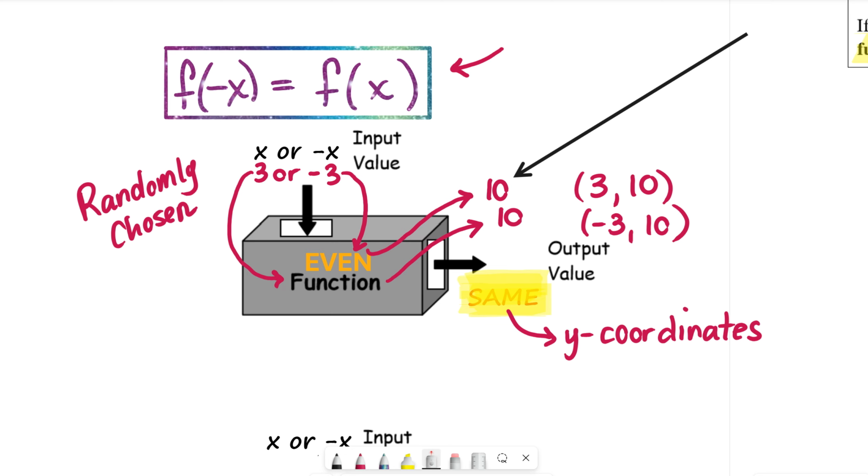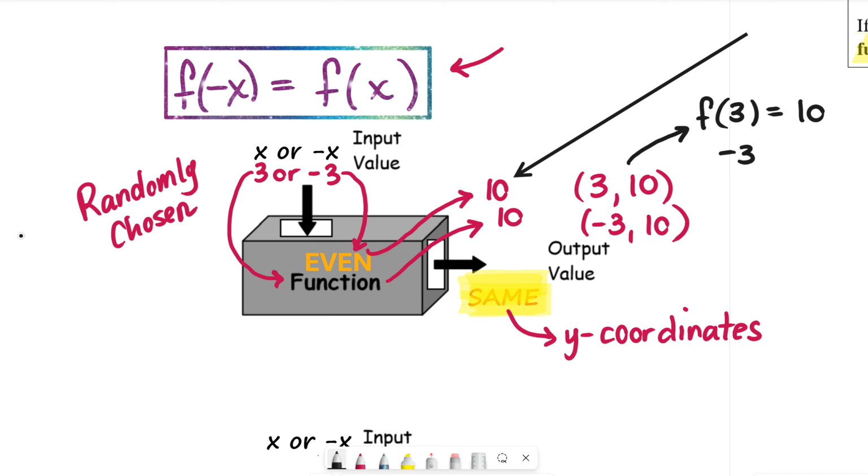When this occurs, when you realize that your y values are the same, you have determined it to be an even function. Okay? That's what this boxed f of negative x equals f of x means. Because here's what I want you to realize. 3, 10 is the same thing as saying, if I take a 3 and I put it into my function machine, I'm going to get a 10.